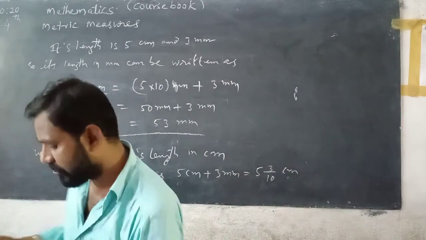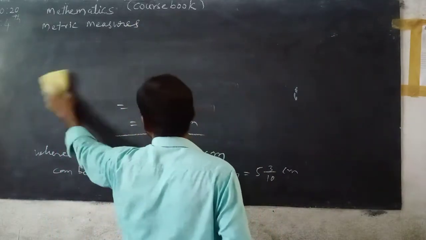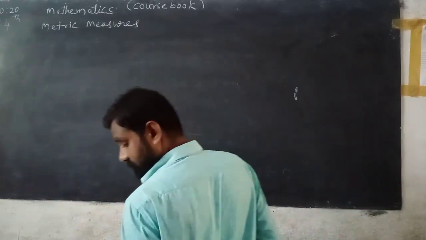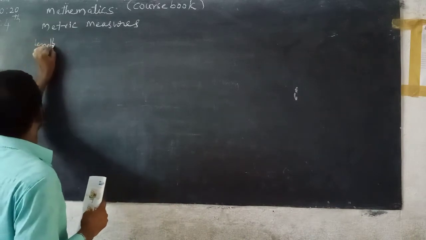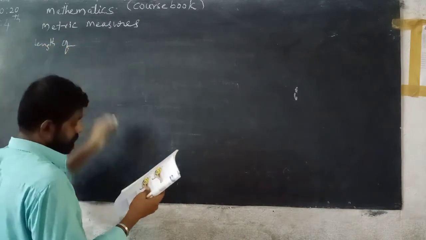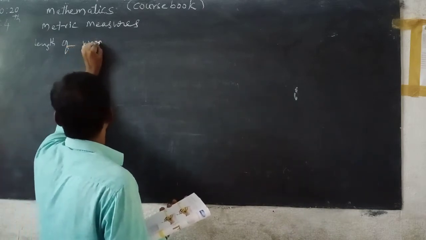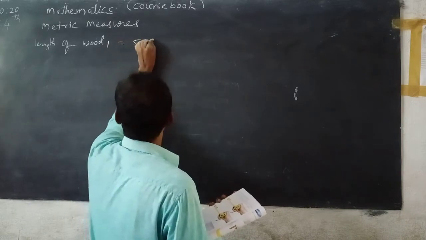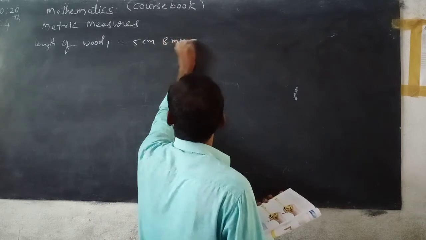So the length of the first wood, length of wood one, is equal to 5 centimeter 8 millimeter.